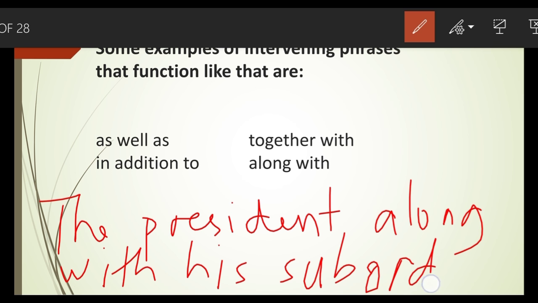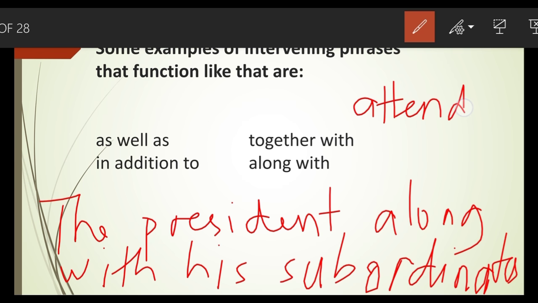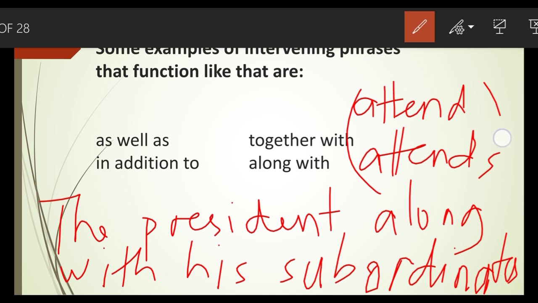Sige, I will ask you. Along with his subordinates. So, yung subordinates ay with S, so plural. Dito natin nilagay yung verb. The president, along with his subordinates. Ano ang gagamitin mong verb? Attend or attends the meeting? Ayan. So, alin dyan? Attend or attends.